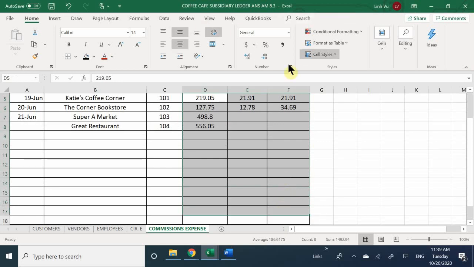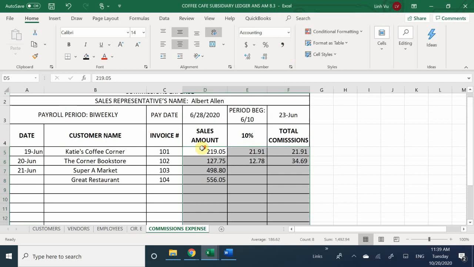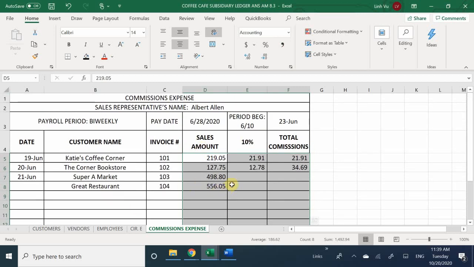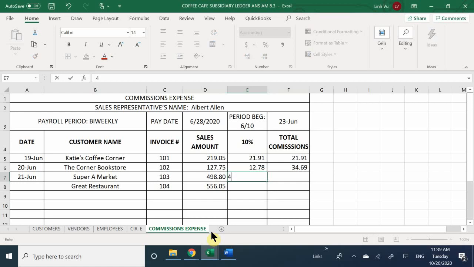So, without further ado, let's complete this first, and then enter in the next one. So, what is 489? Okay, so it's 40. There you go. So 49.88 is 10%.